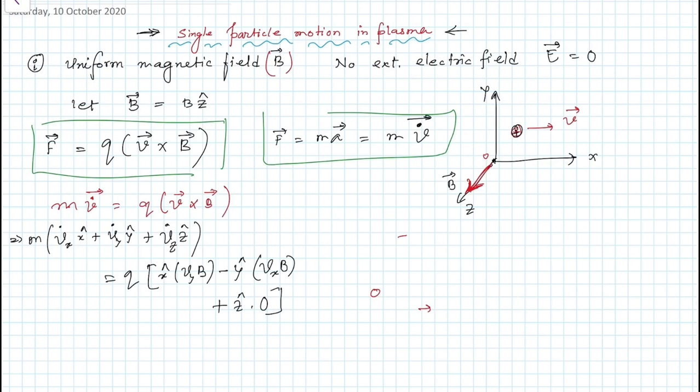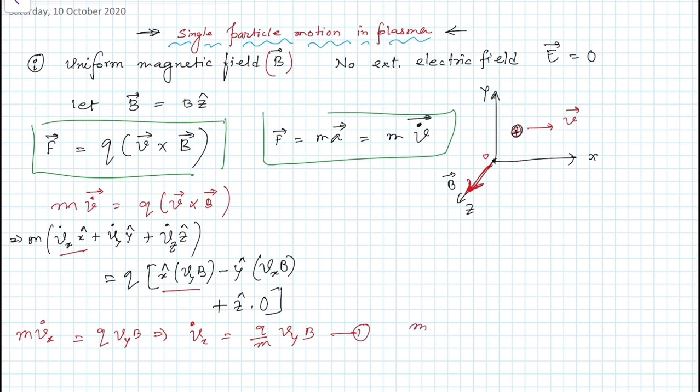Now we are going to find the three components. m vx dot will be equal to, if you compare the x components, q vy B. That implies vx dot is equal to q by m vy B. This is equation number 1.